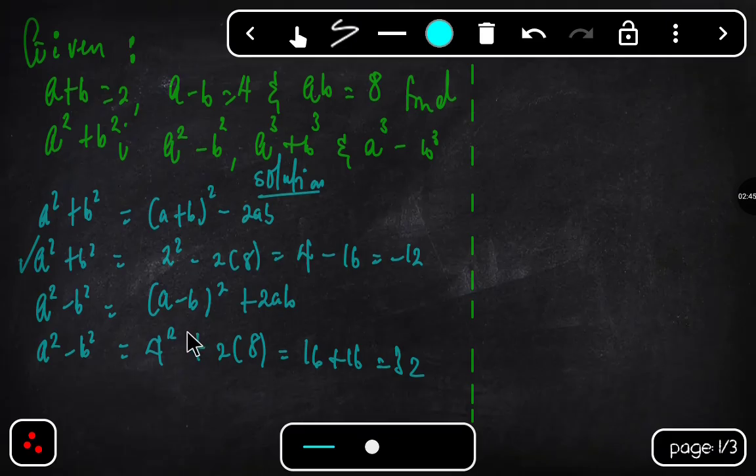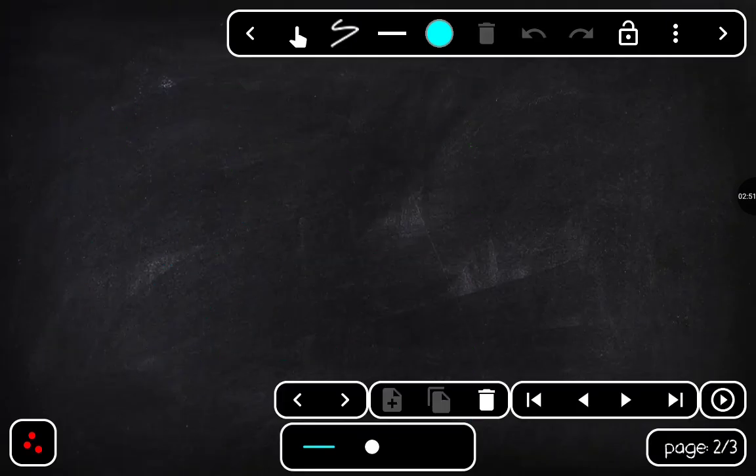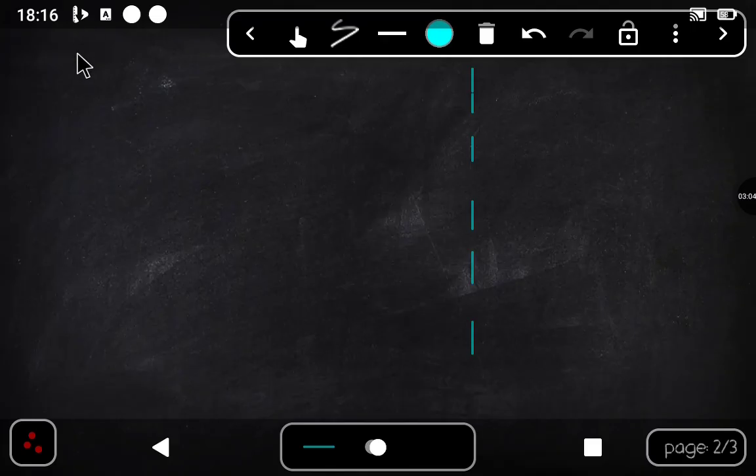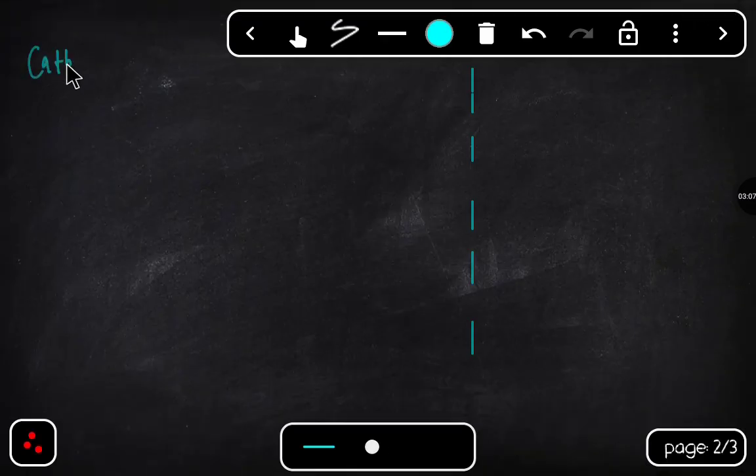All right, so the next thing for us to do is to find a raised to the power of 3 plus b raised to the power of 3. Guys, we all know that if we expand a plus b to the third power, this will give us a raised to the power of 3 plus 3a squared b plus 3ab squared, plus b raised to the power of 3.